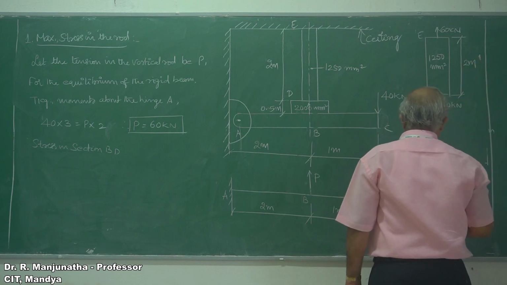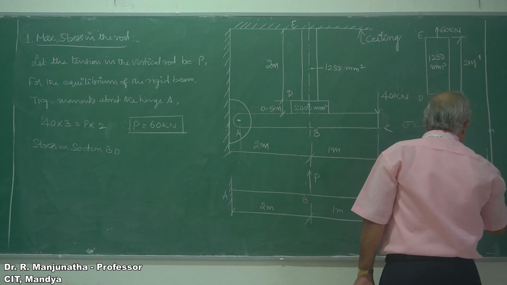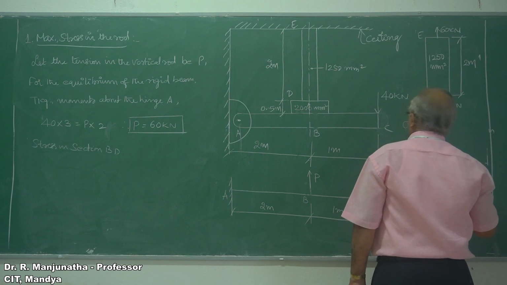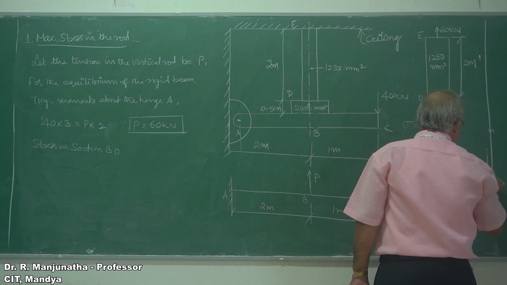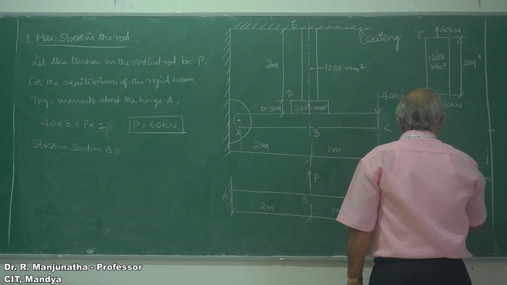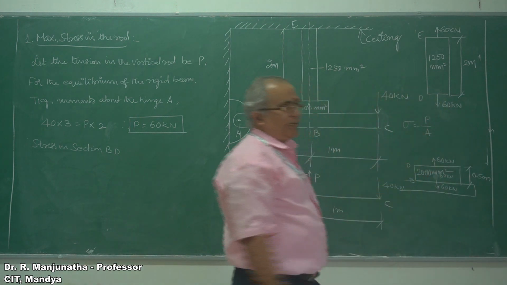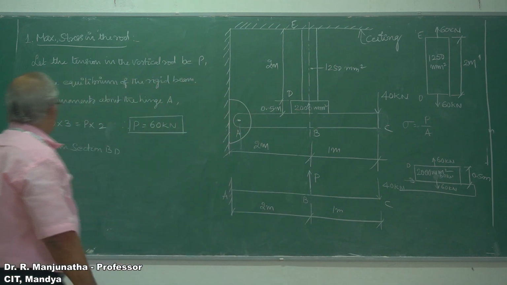Similarly here, the length of BD is 0.5 meters, and the area of cross section is 2000 mm square. So we will find the individual stresses in the members.